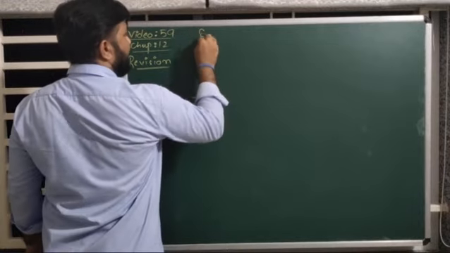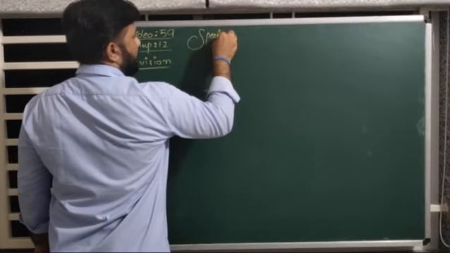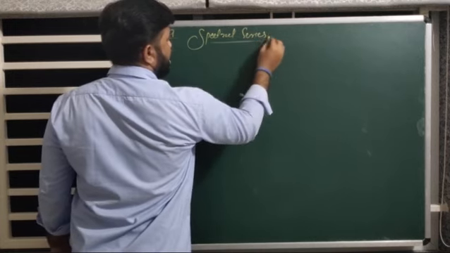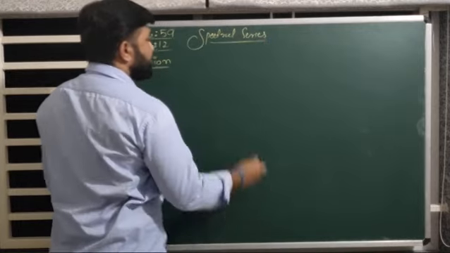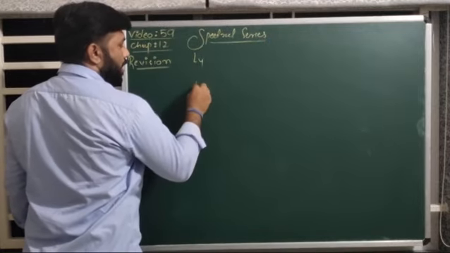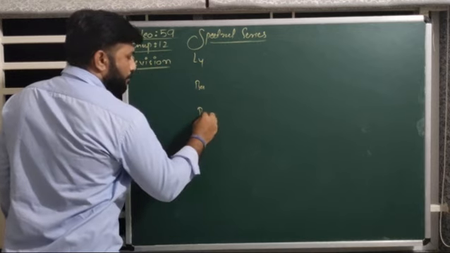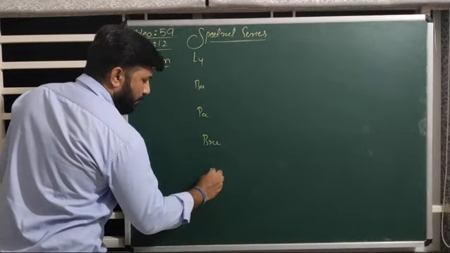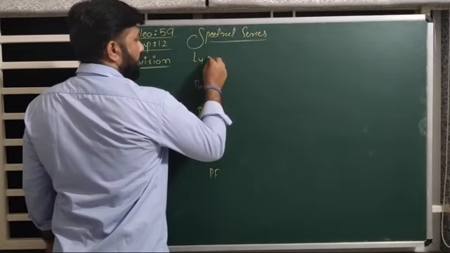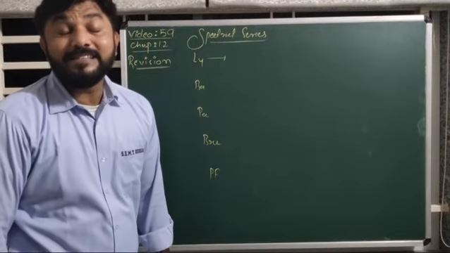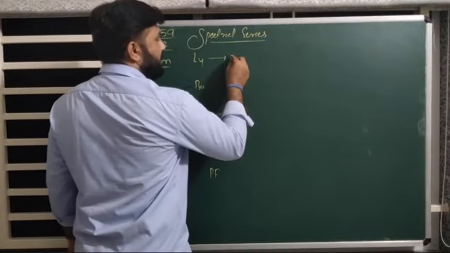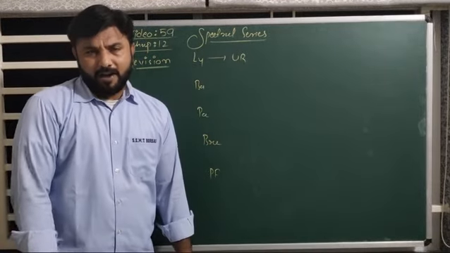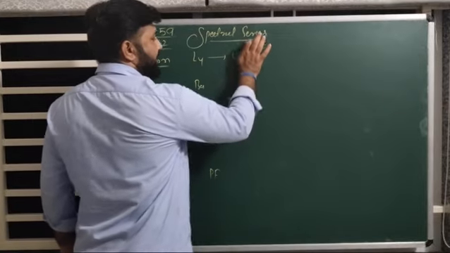Now let us see the spectral series. Okay, first series was Ly, Ba, Pa, Br, Pf. Lyman series is in which region? UV region.